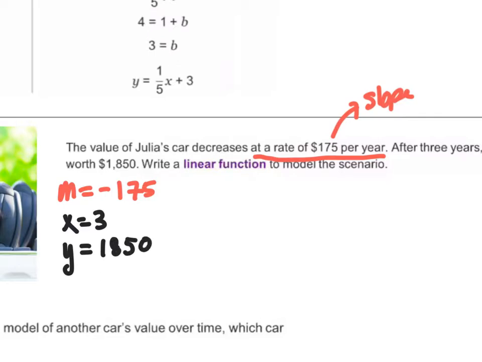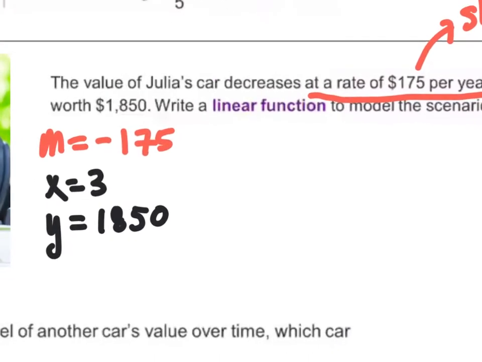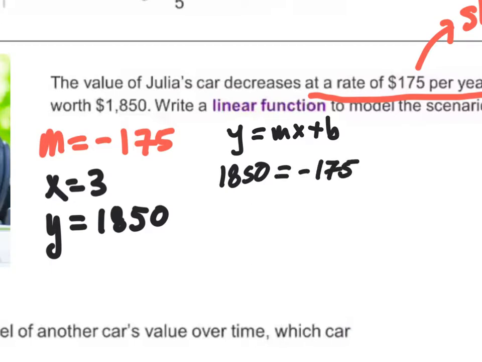So I'm going to use y equals mx plus b. That's the method I prefer to use typically. So, using y equals mx plus b, my y value is 1,850, my slope is negative 175, and the x value is 3.